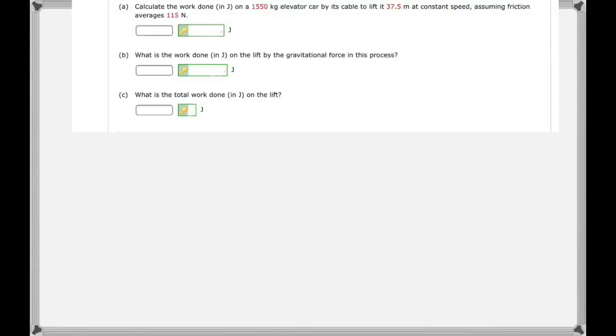And then you have this question where you calculate the work done on a 1550 kilogram elevator car by its cable to lift it 37.5 meters at constant speed. Now there is also friction here.